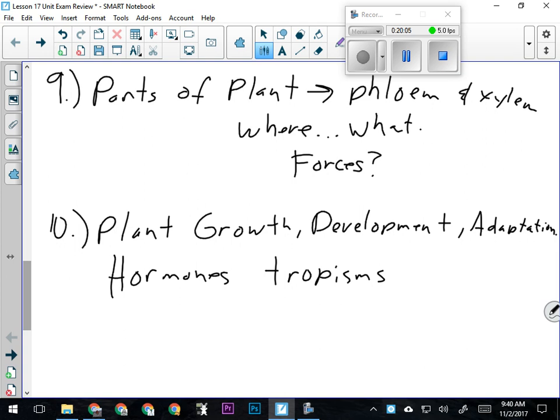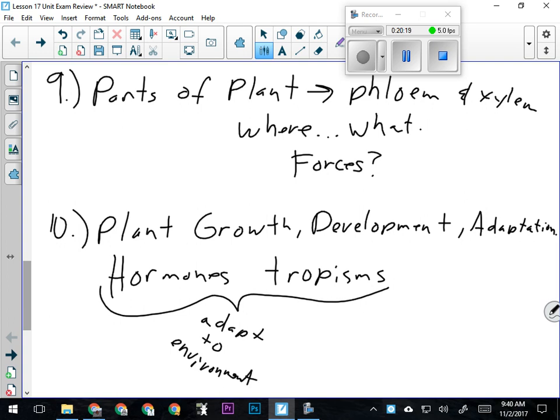And how do those work together to adapt to the environment? So make sure you're able to answer questions about that as well.